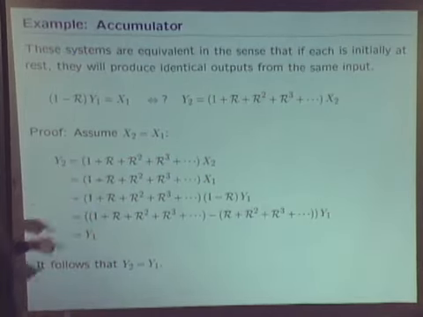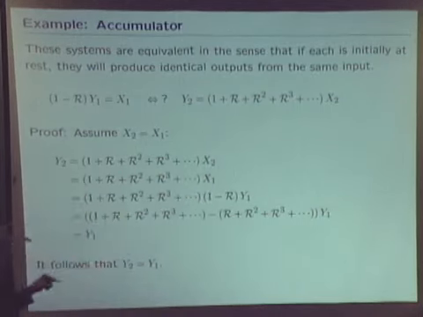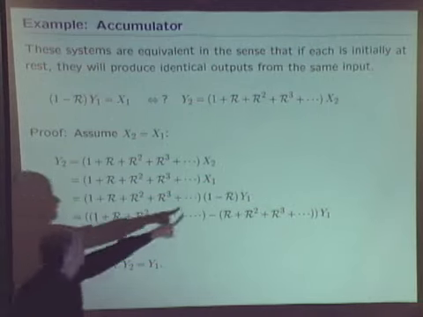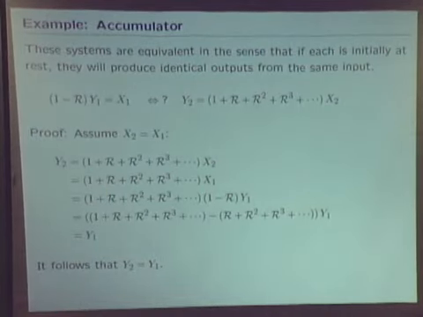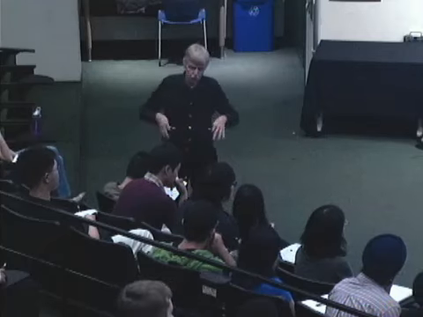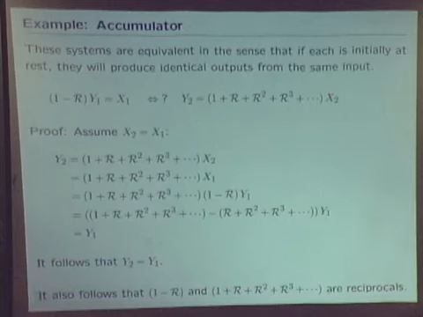This is a statement of the right-hand side. Substitute x1 for x2. Substitute this equivalent expression for x1 and multiply it out. When you do that, you find y2 equals y1. It's true. And what we've done is shown a very important thing. This and this are reciprocals. When you multiply two polynomials together and the answer is 1, they're reciprocals.